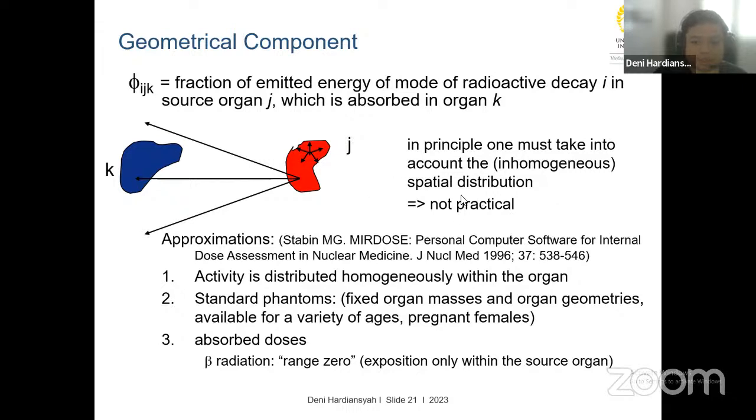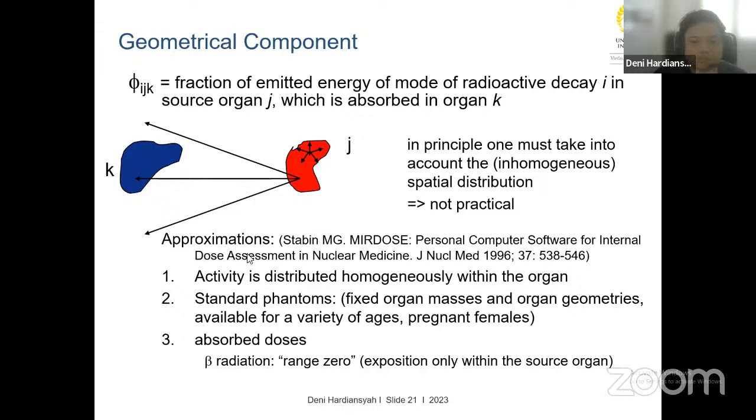But this is not practical. So therefore, we can assume that it is homogeneous, even though it is not really homogeneous, but research shows that this method can still approximate a very good result for the absorbed dose calculation. Some of the approximations that we use here are written in Stabin et al. for the MIRDOSE publication.